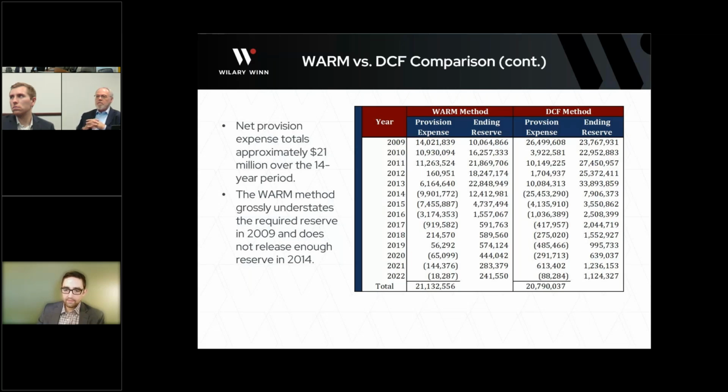That's the primary benefit of the granular loan level inputs and those forward-looking assumptions. So we end up in a similar spot over the long haul. Discounted cash flow is much more responsive and predictive, and generally more regulator friendly in terms of the reserve profile, which is going to be even more important for institutions that are dealing with those credit cycles.